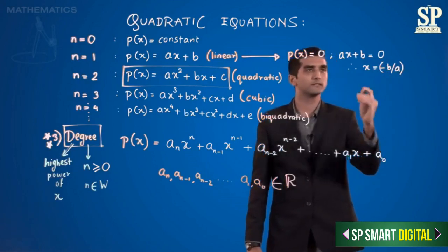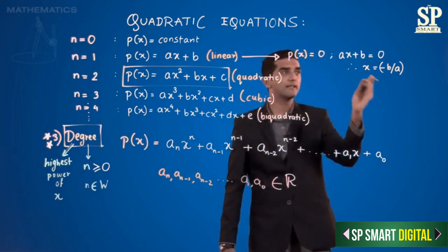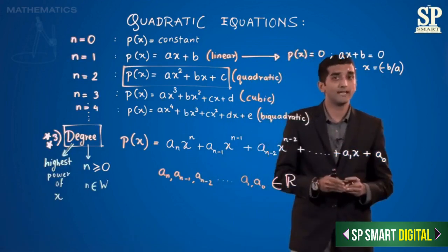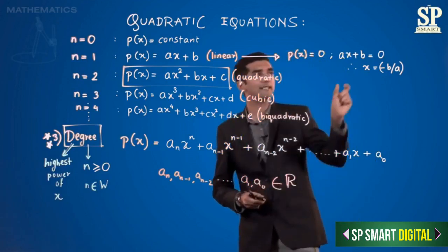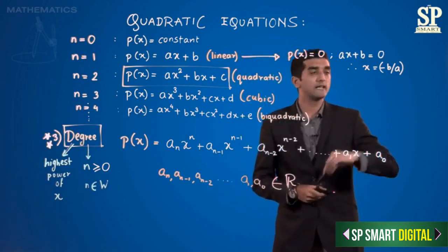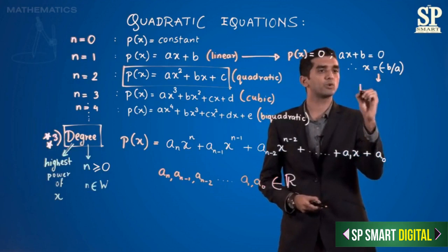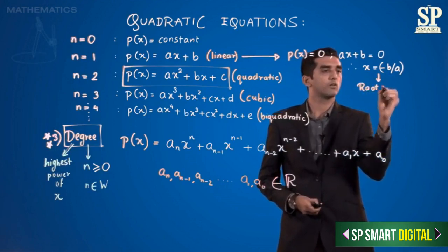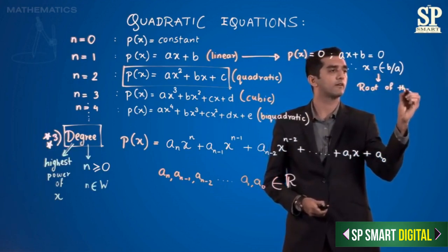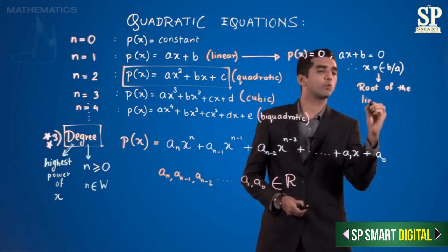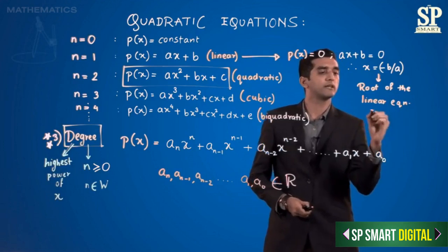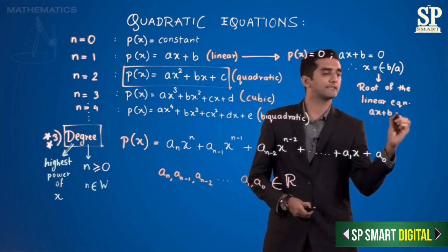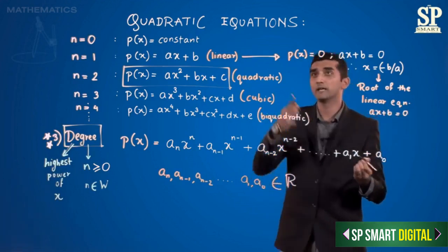It's quite simple to understand, right? b goes on the other side, then a comes down, it becomes x is equal to minus b upon a. So we understand that x equal to minus b upon a is the root of the linear equation, linear polynomial equation ax plus b is equal to 0, or you can write p(x) is equal to 0.